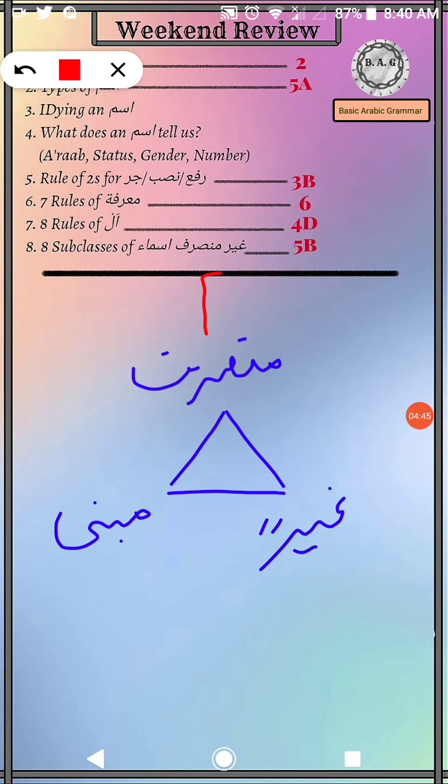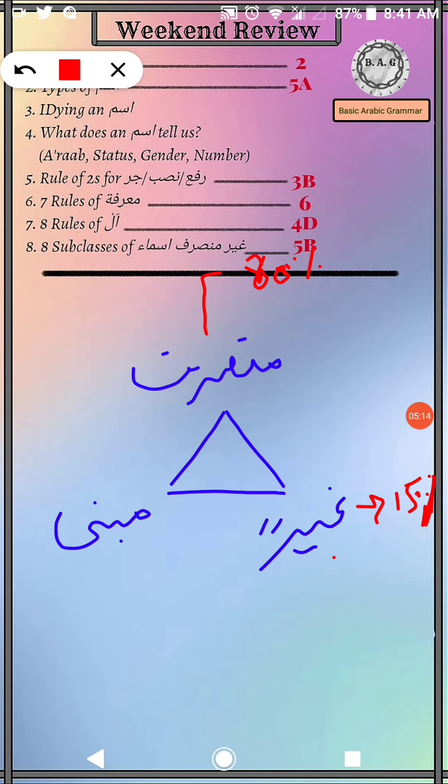All right, so about 80% of the asma that you're going to come across are going to be from the munsarif group. Then the ghair munsarif group forms about 15%, and the remaining are mabni. Okay, so munsarif forms a major bulk of the asma.